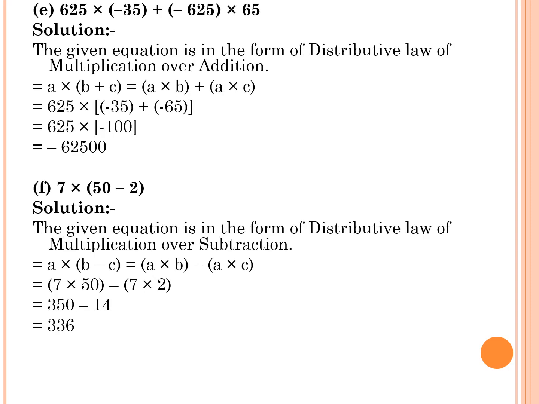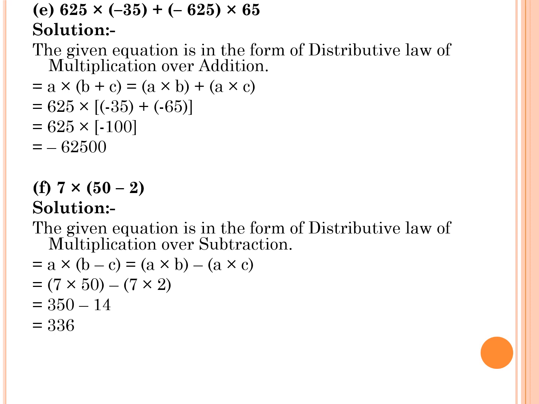Let us move on to the next problem, that is 625 into minus of 35 plus of minus 625 into 65. The given expression is in the form of the distributive law of multiplication over addition. That is, again, here we are talking about the distributive property.